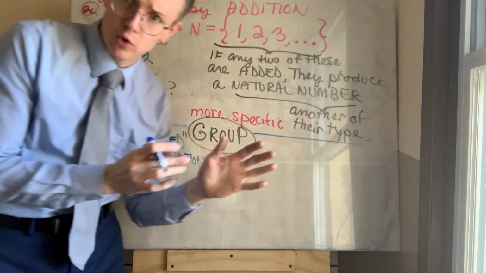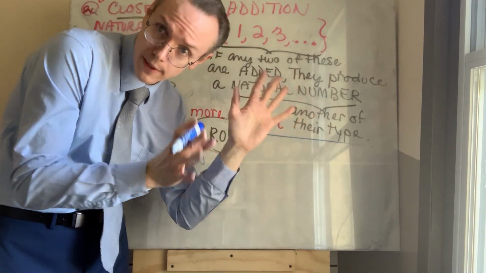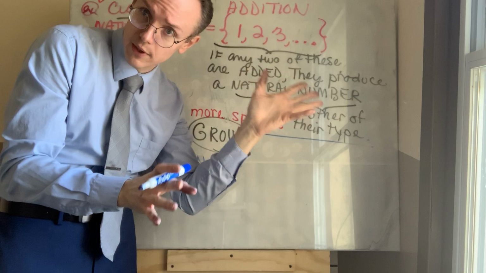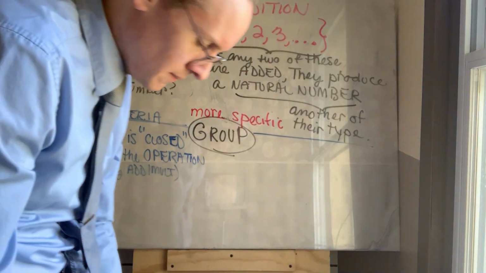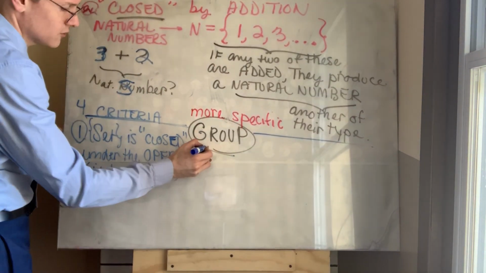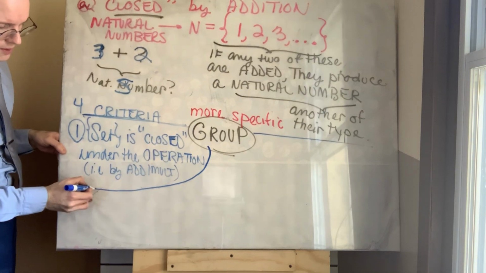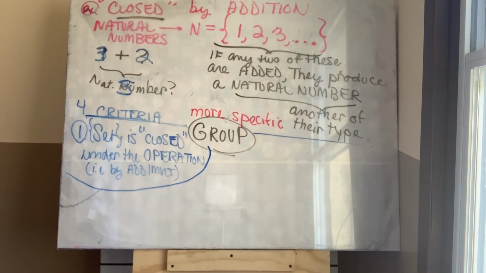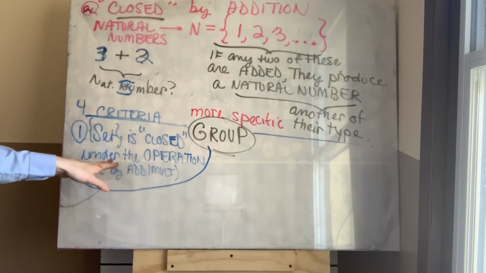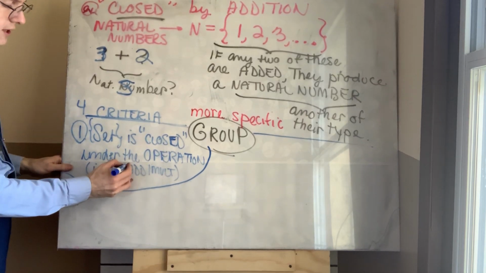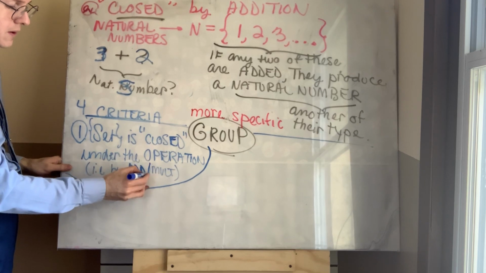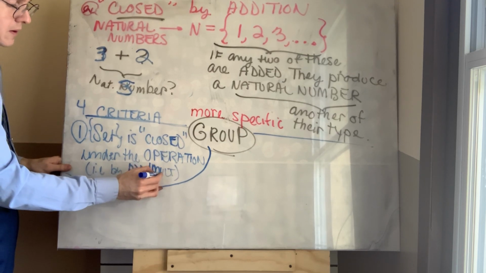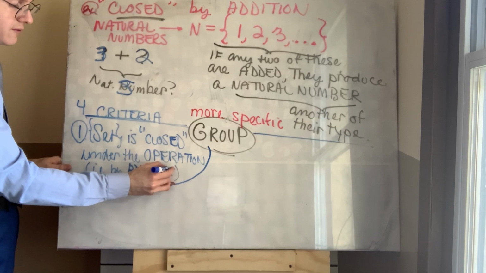And natural numbers are the numbers that we intimately know, 1, 2, 3, we count. And 0 is not involved here. Okay, that's criteria number 1: the set is closed under the operation, and it has to be the operation of adding or multiplying usually. I don't know if that is exclusively true, but it is definitely true for these.